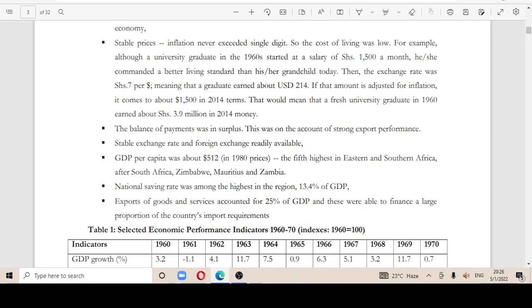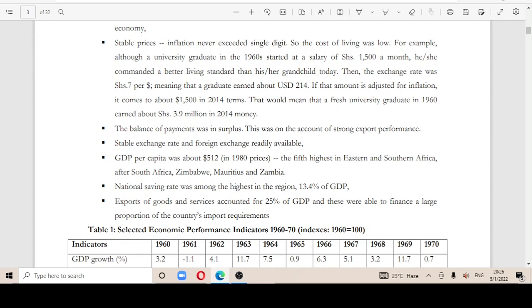Then the national saving rate was among the highest in the region. There was a high rate of saving, which was estimated to be 13.4% of GDP. So these people used to save a lot.